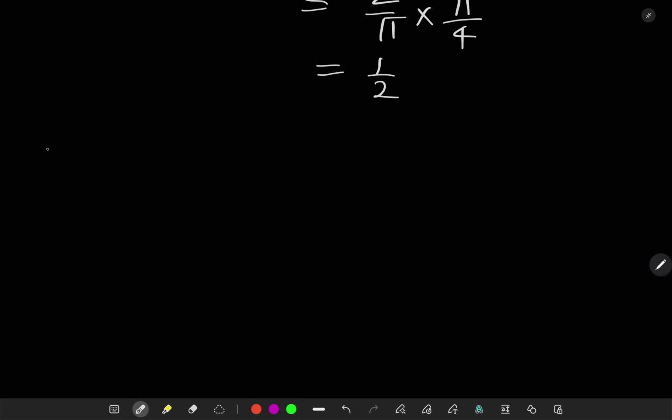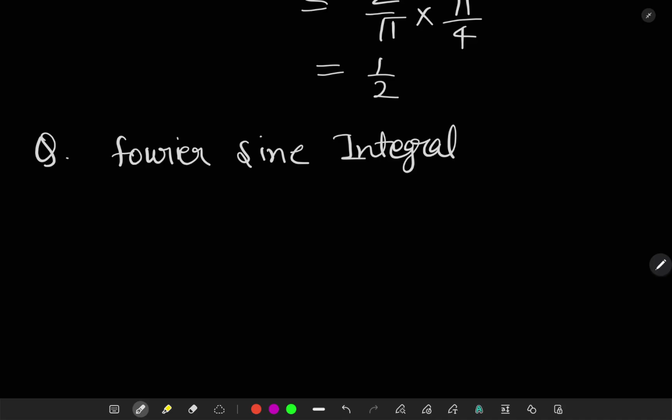Let's do a question on Fourier sine integral. f(x) is given as e^(−kx), where k is greater than 0.